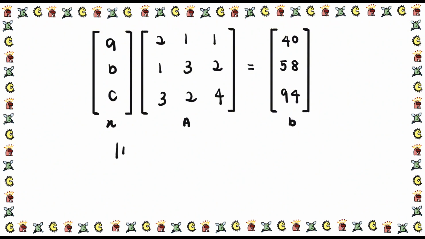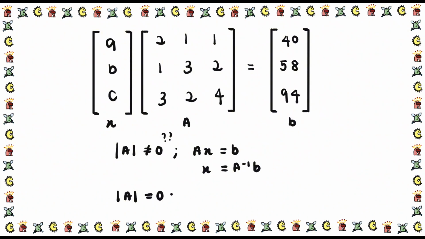First thing first, we have to check whether the determinant of matrix A is equal to 0 or not. If it does not equal 0, that would mean AX equals B. We also can say X is equal to A inverse B. If the determinant of the matrix is equal to 0, that would mean the inverse matrix does not exist.